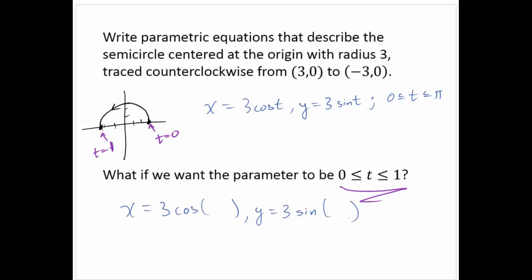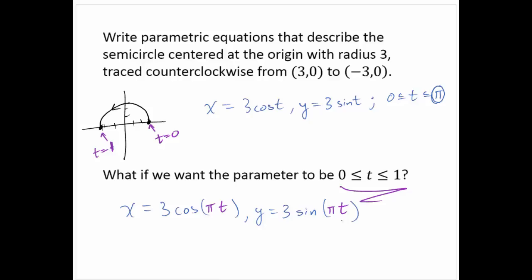Well, if we just think normally, we're trying to go from 0 to pi. But we need to get to pi in 1 second. So what I'm going to do is multiply t by pi. And notice that if t equals 0, then we would have cosine 0 and sine of 0, which starts us at our first point.